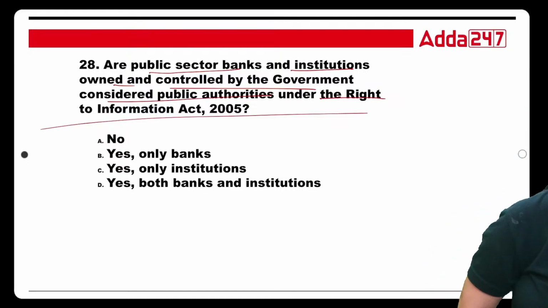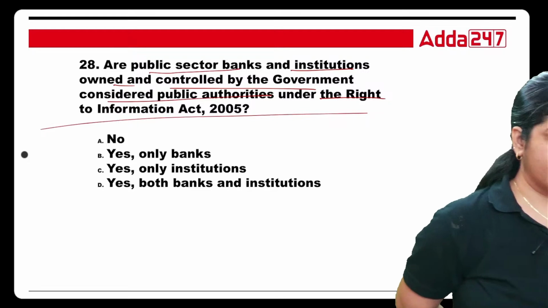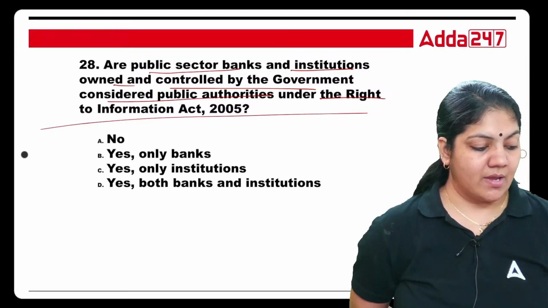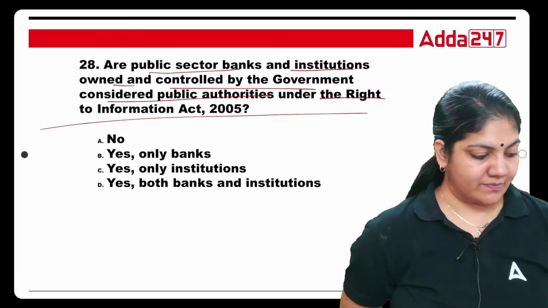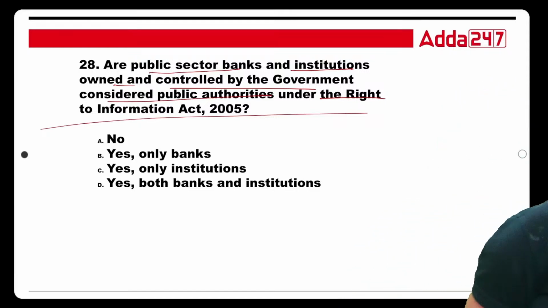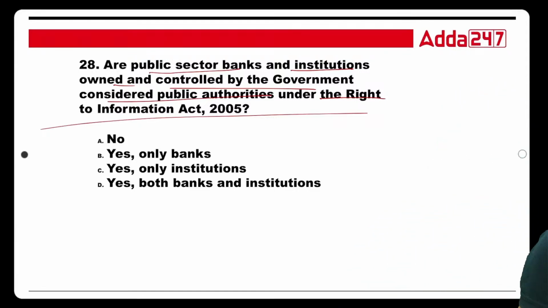Are public sector banks and institutions owned and controlled by the government considered public authority under the Right to Information Act 2005? Say yes or no. The answer is yes, both of these.